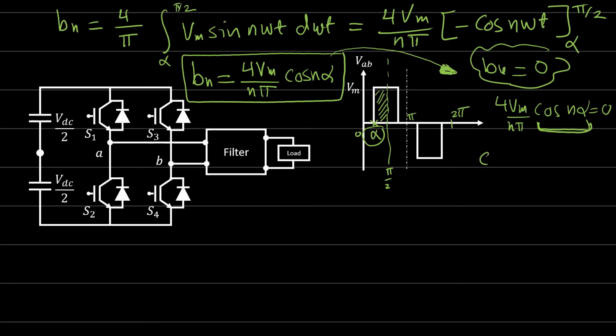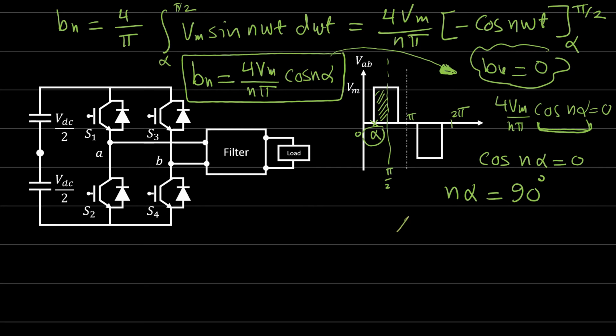So we need to find when B_n equals 0, when cosine n alpha is equal to 0, right? And this occurs at some points only, when n alpha is equal to how much? Is equal to 90 degrees, right? So we can say cosine 90 degrees is equal to 0.